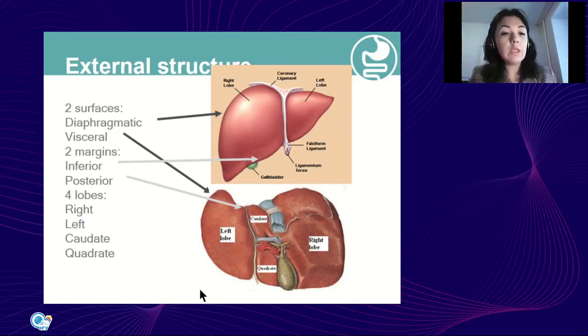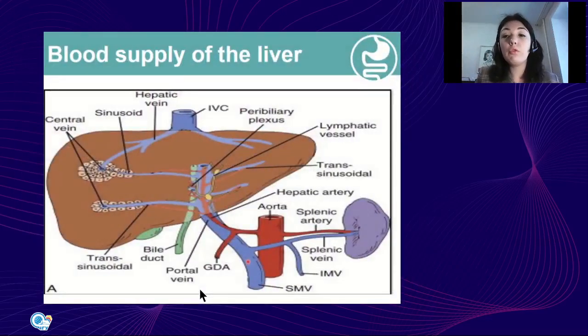For surgeons, the division is different. We will talk about it right now, because surgeons take into consideration blood supply and bile drainage from the liver, because these are crucial factors for removal of a part of the liver.